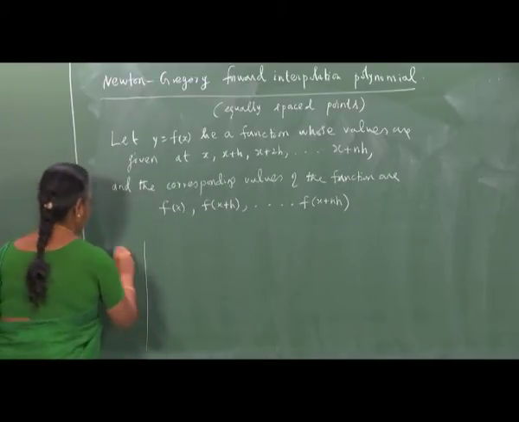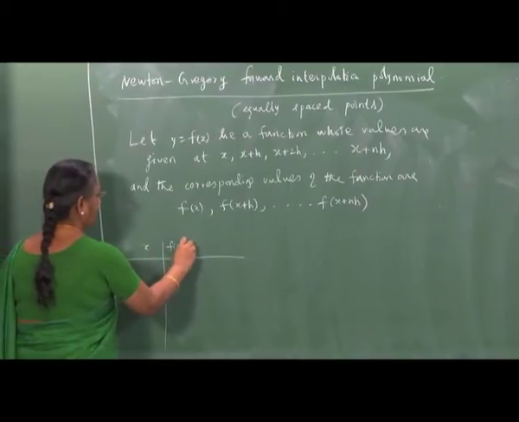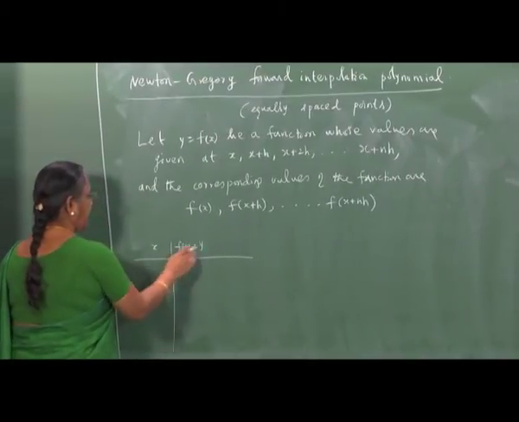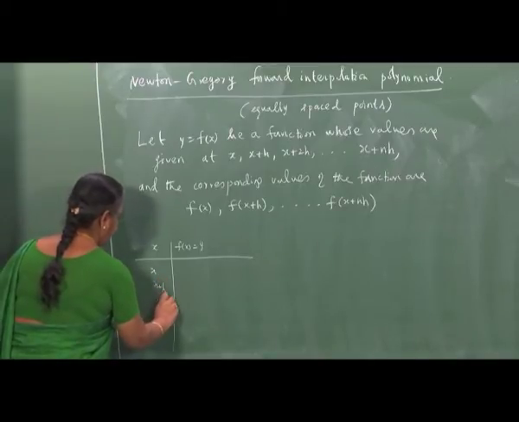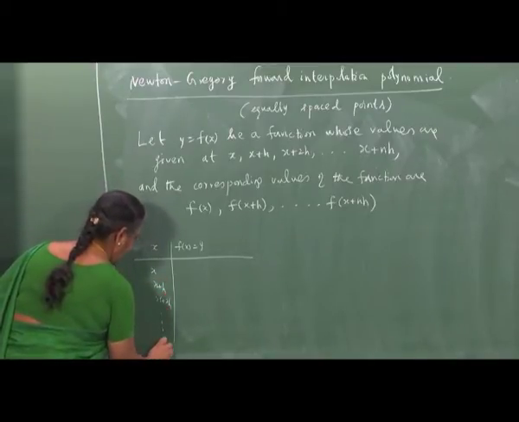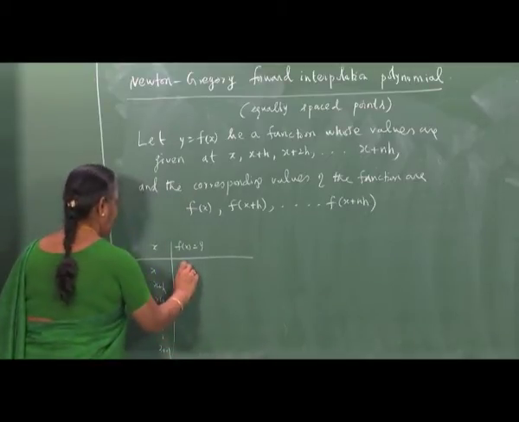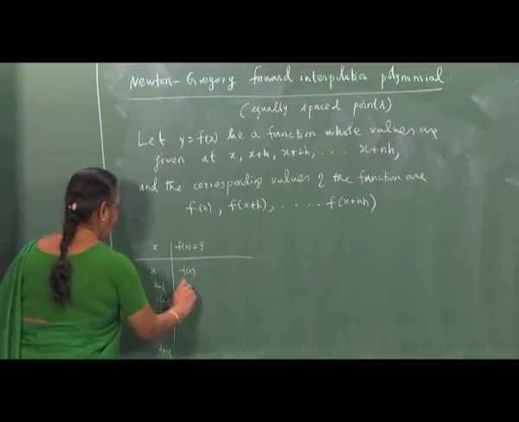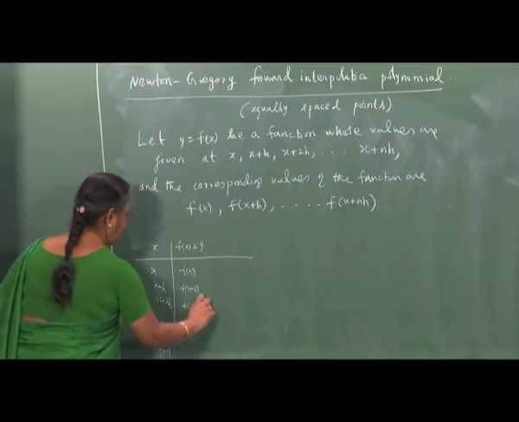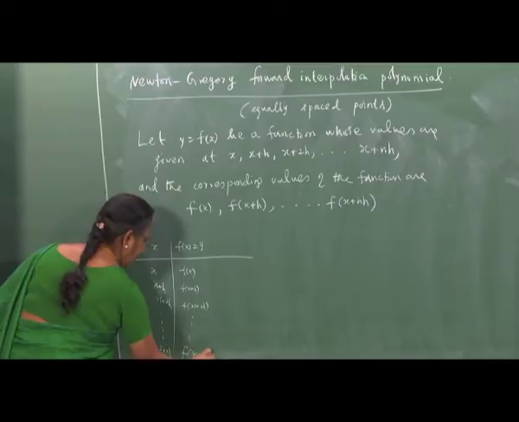So, we have a table of values of the function at a set of points x plus h, etc., x plus nh, and the corresponding values of this function, namely f of x plus h, f of x plus 2h, and so on, f of x plus nh.